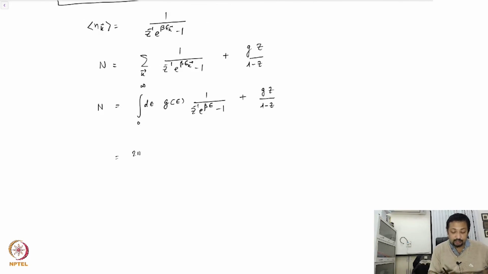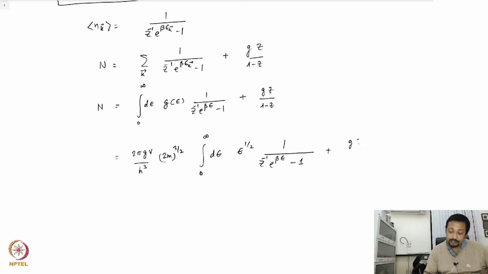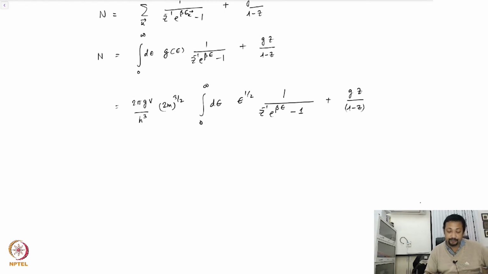This again is 2 pi gV over h cubed, twice m raised to the power 3/2, integral 0 to infinity d epsilon epsilon to the power half, 1 over z inverse e to the power beta epsilon minus 1, plus g z over 1 minus z. Right?